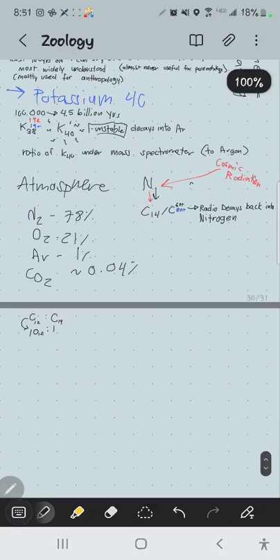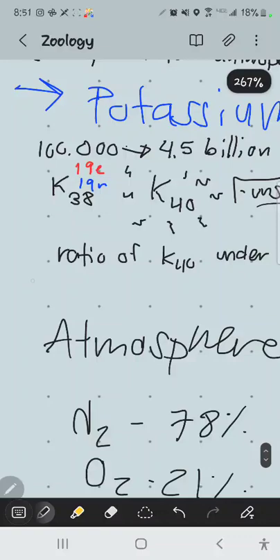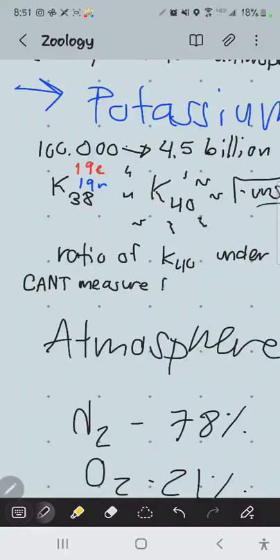But the limiting factor is you can't measure the fossils directly. You have to measure ash or volcanic or igneous layers around the fossils. So all we can say here is this fossil is between 20 and 40 million years old, and this fossil is older than 40 million years old.